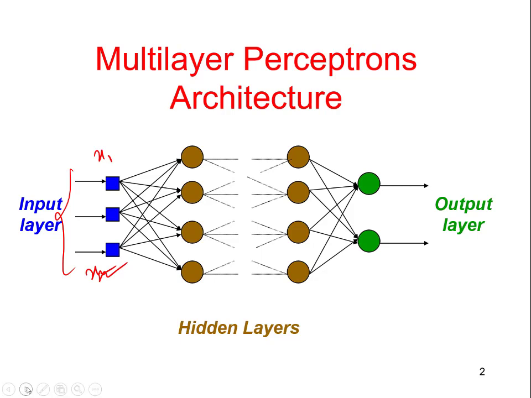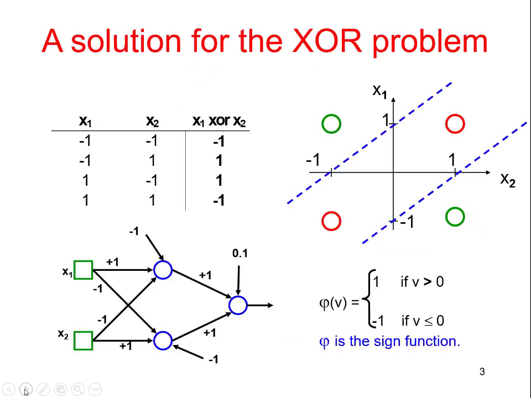So if we move forward, we can see the XOR problem. We know all about the Boolean XOR problem that cannot be solved using the perceptron neural network.